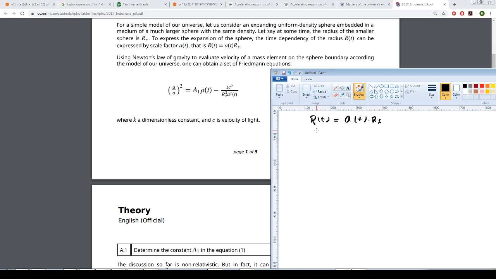Okay, that's the radius relationship. We know that the acceleration of the object in the radial direction can be written this way.